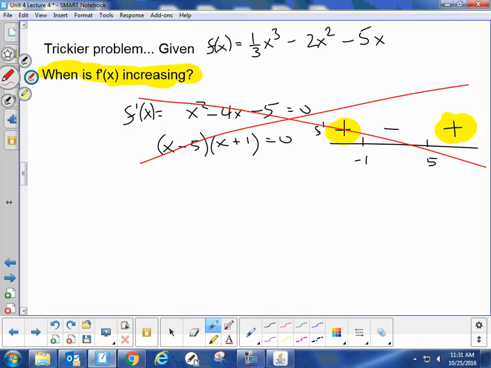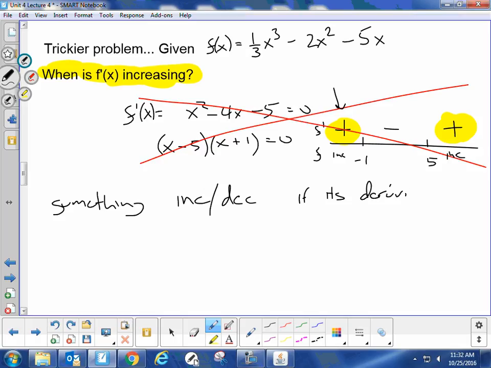Why is that wrong, Ms. Bichette Bonilla? Exactly. This is when f is increasing. Remember, the derivative tells us when f is increasing. Remind yourselves, and you should have written this down after our lesson number 2, something is increasing or decreasing if its derivative is positive or negative.